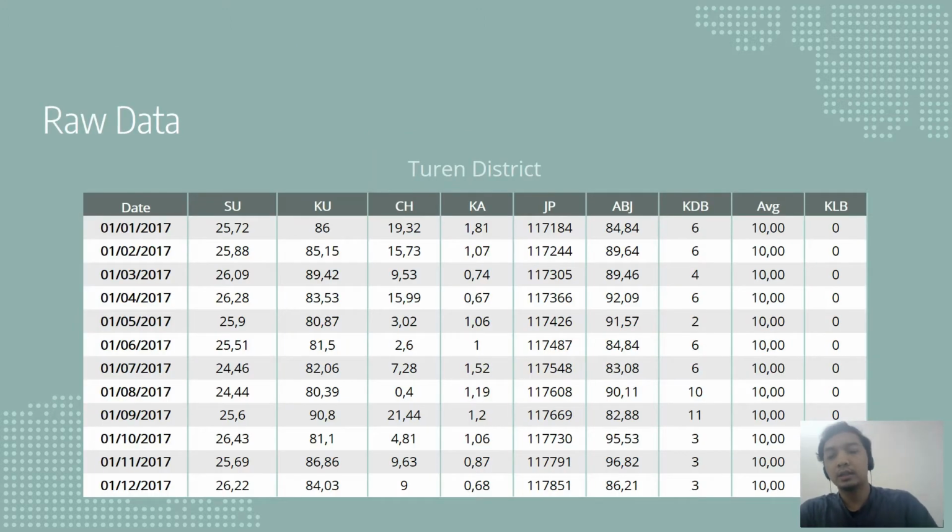For the next, this is the raw data of Turen district. This is only a random number, not the actual data, for this demonstration only. It has a date column, and these are the variables that I mentioned before.